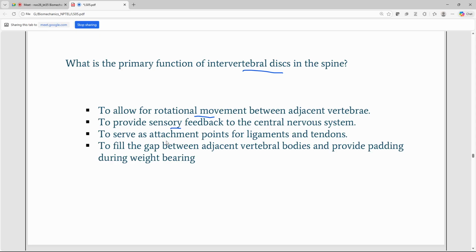Third option, to serve as attachment points for ligaments and tendons. Last option, to fill the gap between adjacent vertebral bodies and provide padding during weight bearing. What is the primary function of intervertebral discs?